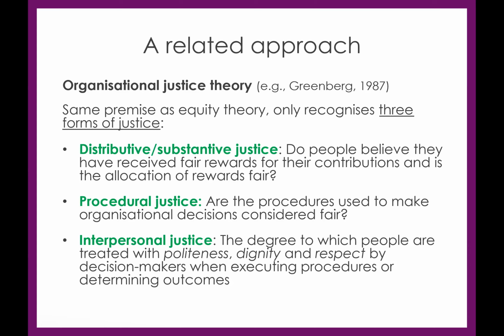The second one is procedural justice. It refers to whether the procedures used to allocate resources to the employees are fair or not. Lastly is interpersonal justice. It refers to the degree to which people are treated with politeness, dignity, and respect, and whether employees feel that the decision makers, the leaders, respect them and treat them politely.